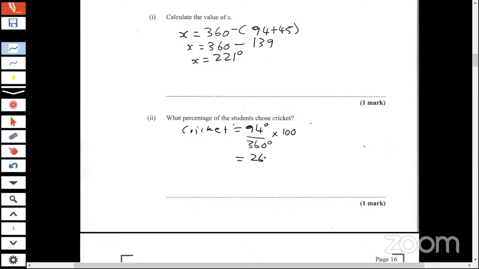That does give us 26.11%. They don't give us pie chart questions a lot, but we have to make sure that we're still prepared to work out any of these that we're given.